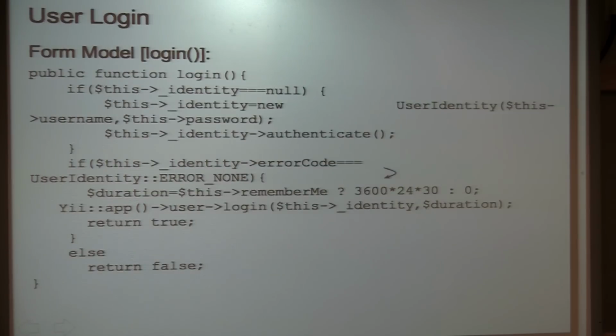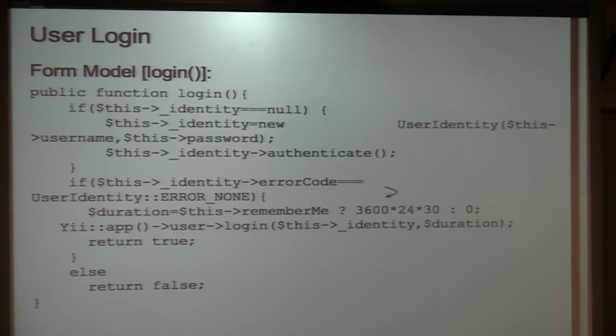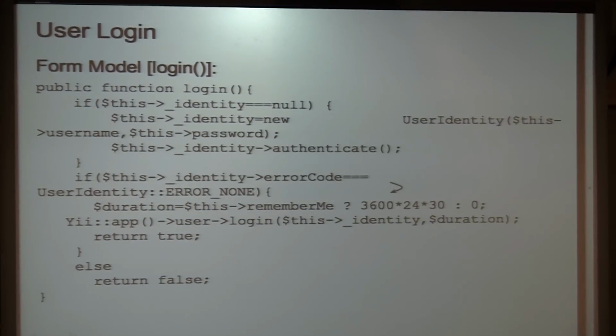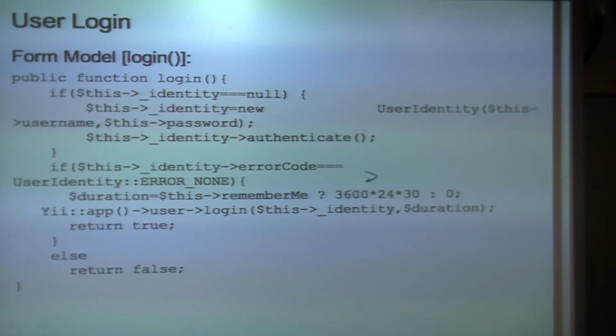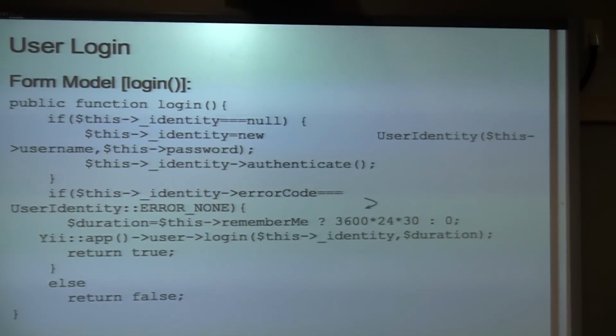Now we're going to actually do the login. We don't need to go through all of this, but in this case, I'm showing a little bit about the functionality that happens to call this user login, and just looking for whether the remember me was set, and setting a particular duration if it was. If not, then it doesn't set a duration, and that's going to be used in this case for the cookie duration.